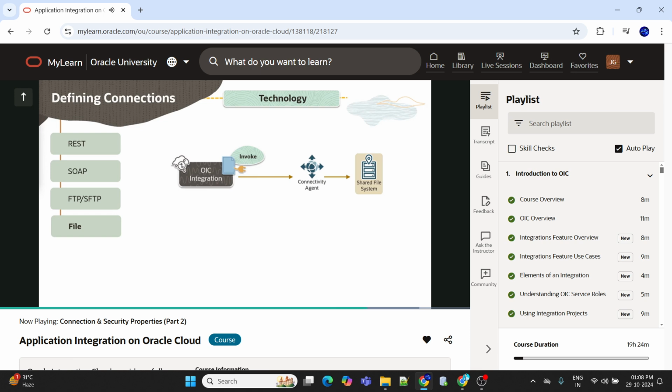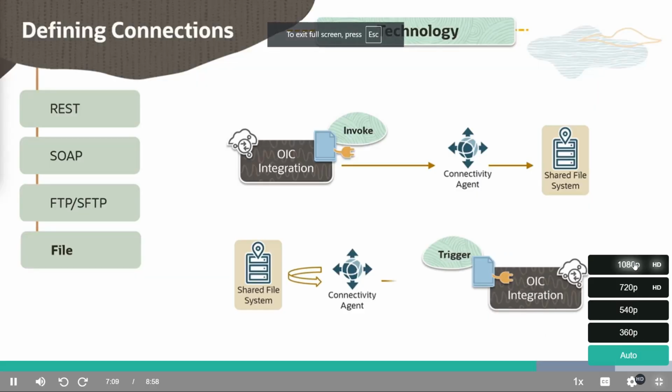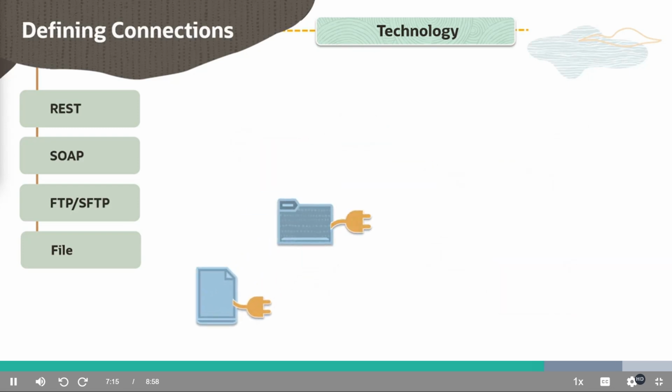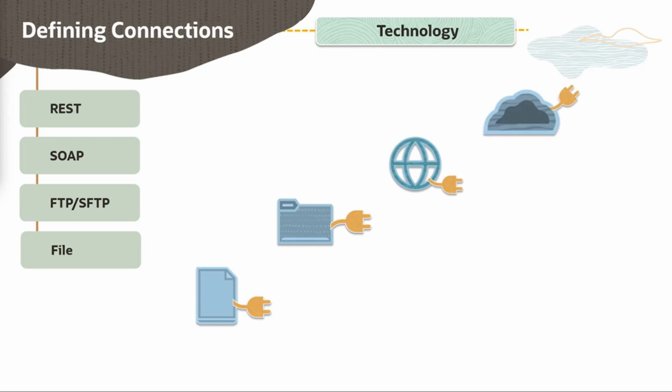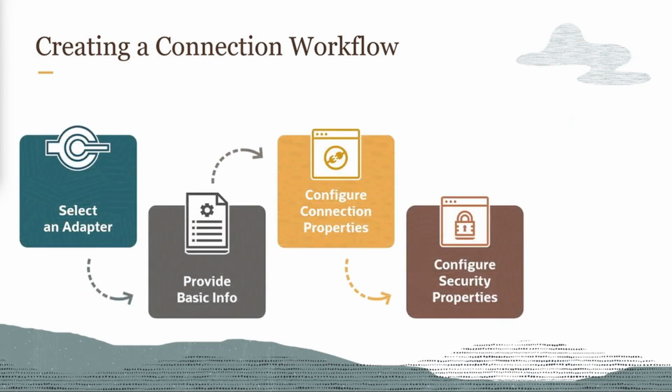When used in the Invoke role, it can read or write files to an on-premises file system, or when used in the trigger role, the connectivity agent will poll for files to be delivered to the integration. As to defining and configuring connections with these technology adapters, since they are used in so many integration solution use cases, I'll be covering each of these in more detail in other lessons. So now, returning to our workflow.